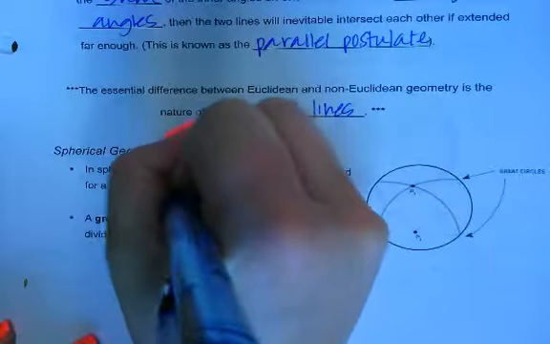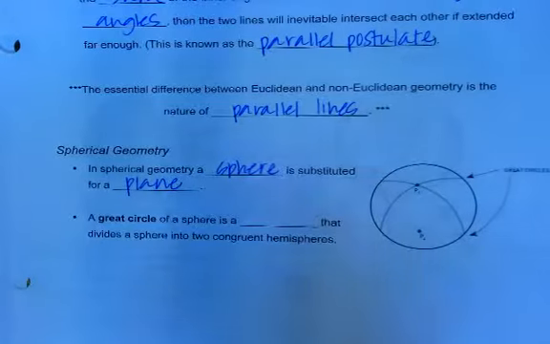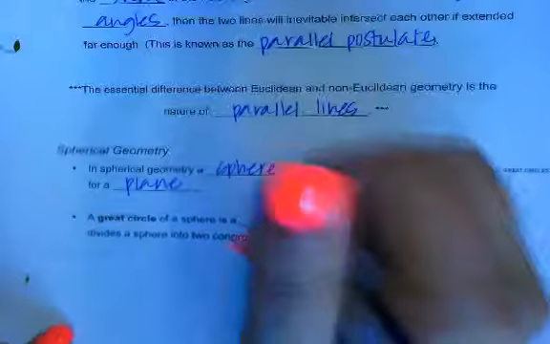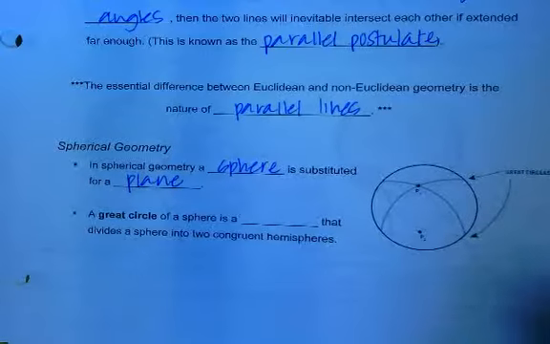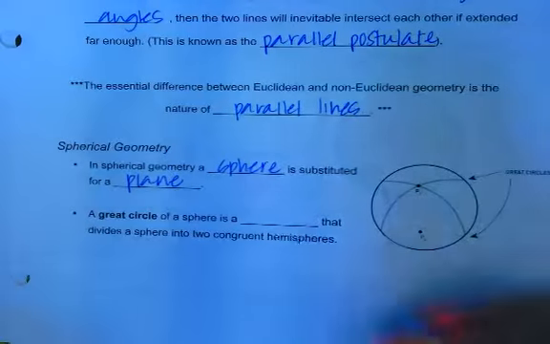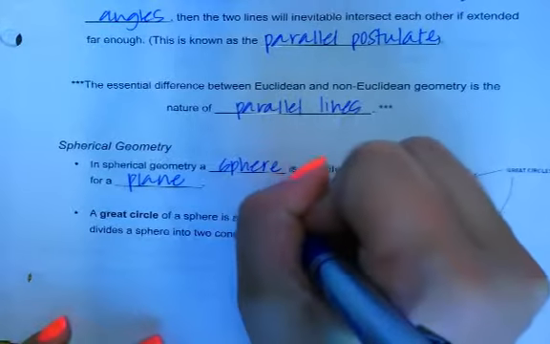A great circle of a sphere is a blank that divides the sphere into 2 congruent hemispheres. It's written on that picture to the right. A great circle of a sphere is a, oh, just kidding, that's what we're defining. A great circle is a line that divides a sphere into 2 congruent hemispheres.